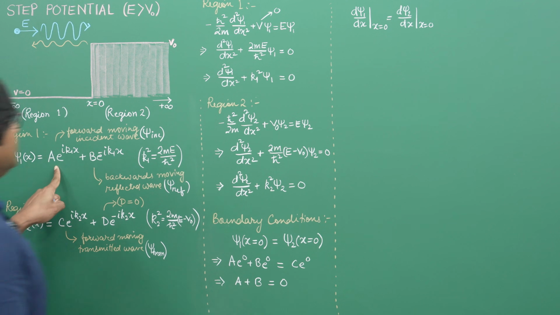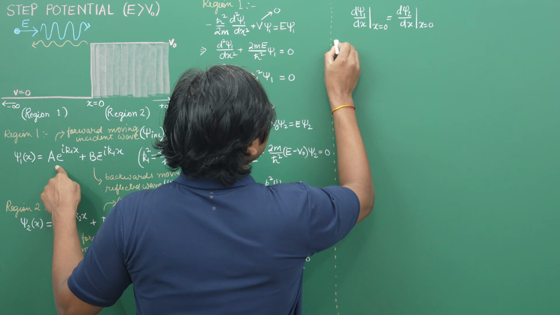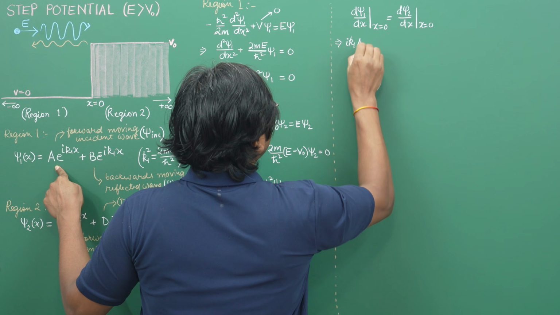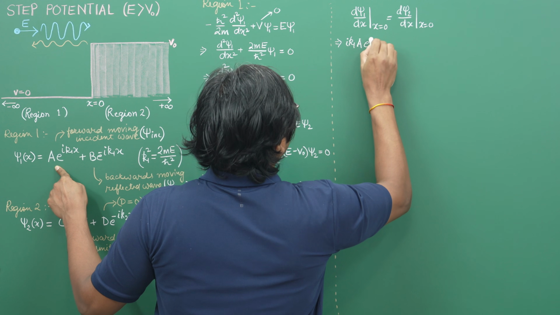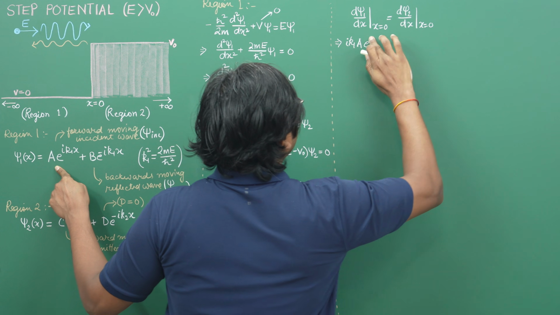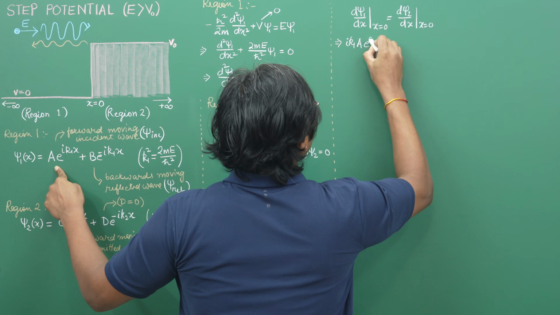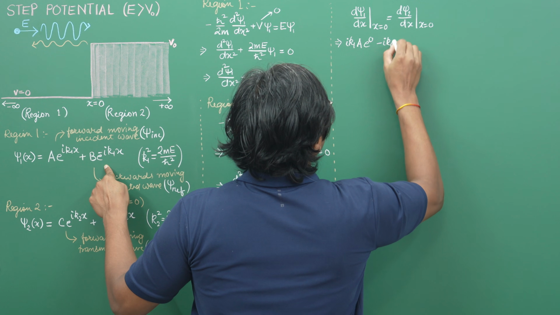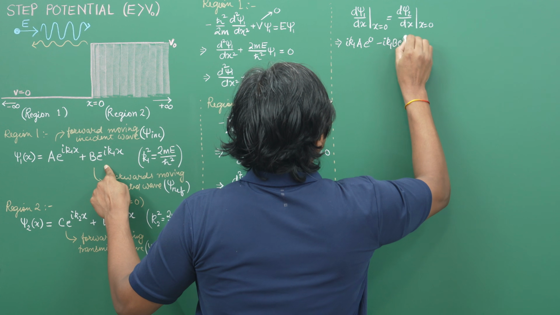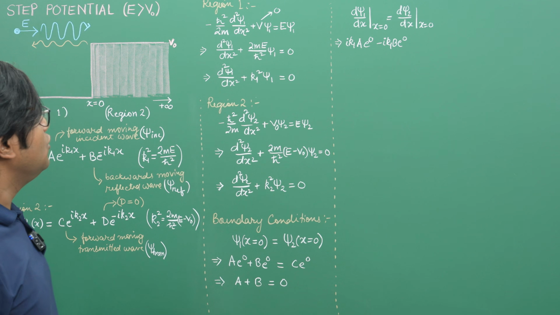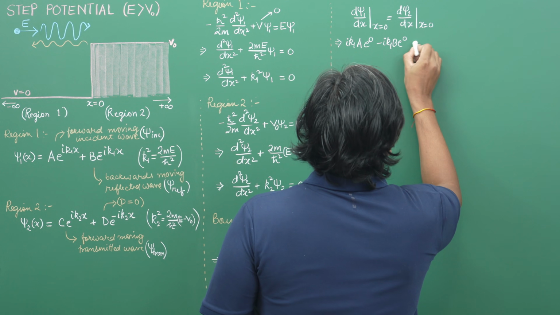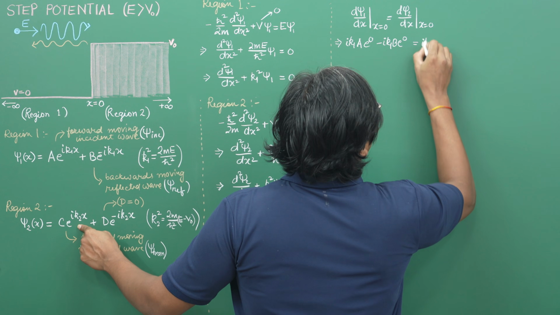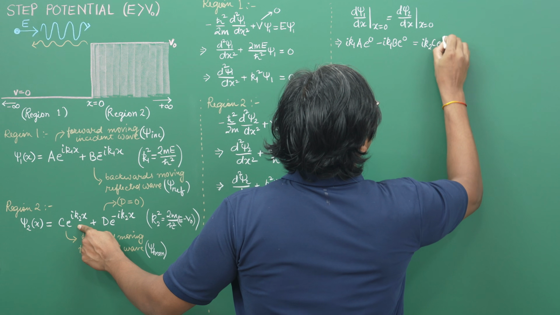So for that, the derivative of psi 1 comes out to be iota k1 A e to the power iota k1 x, which at x equal to 0 becomes e to the power 0, and then we have minus iota k1 B and again e to the power 0. That is the left hand side. What about the right hand side? The right hand side simply ends up becoming iota k2 C e to the power 0.